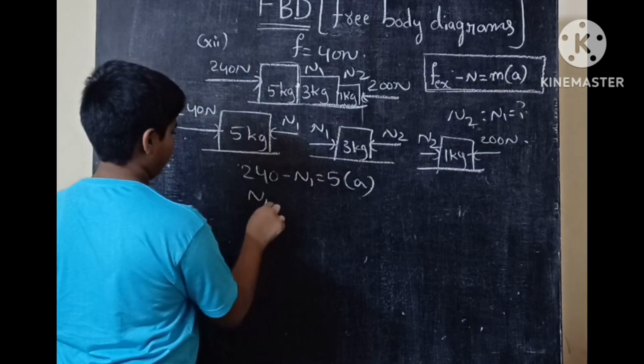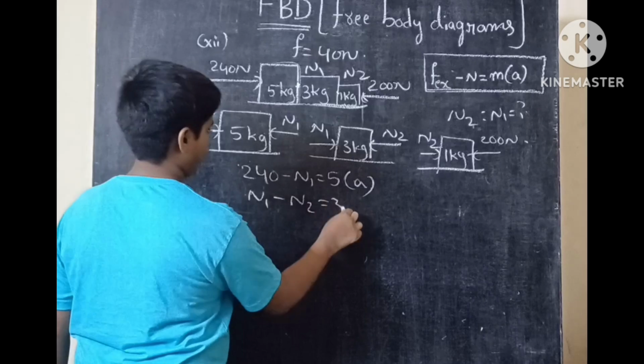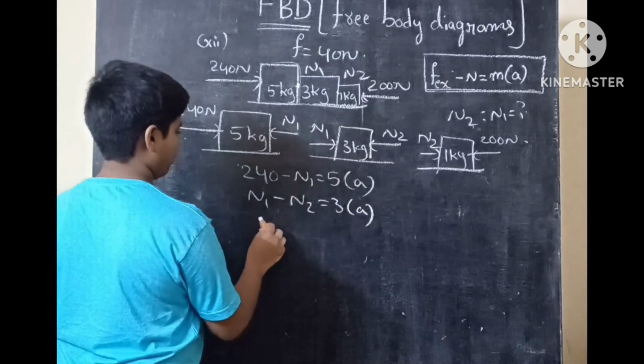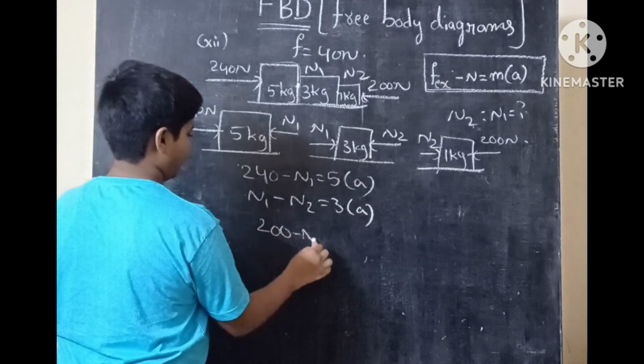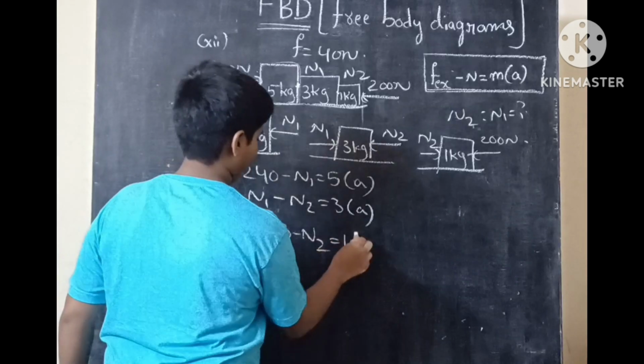So N1 minus N2 is equal to 3 of A. And 200 minus N2 is equal to 1 of A.